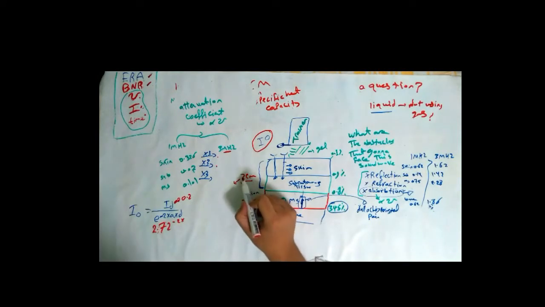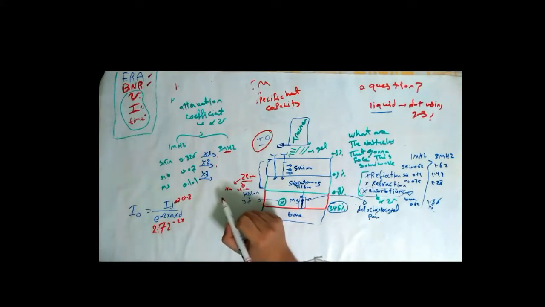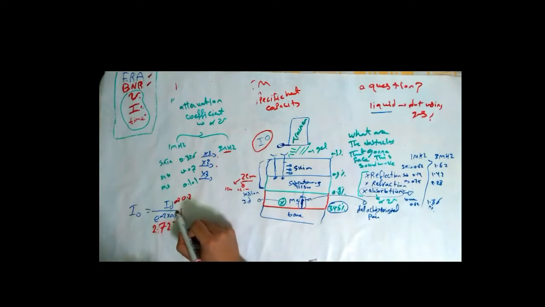Let's say now we have 2 centimeters: 1 centimeter skin and 1 centimeter subcutaneous tissue. So this distance is 2 centimeters.